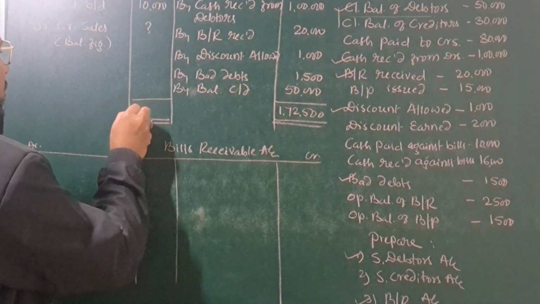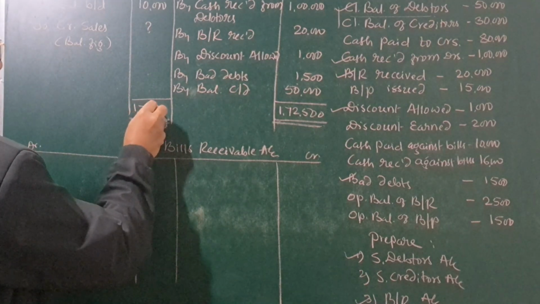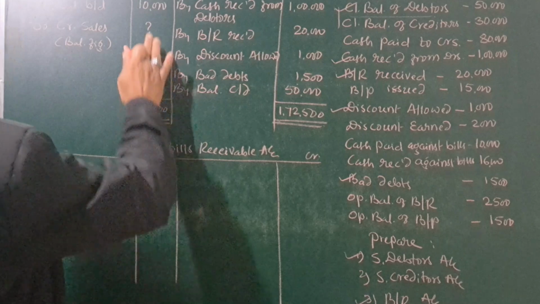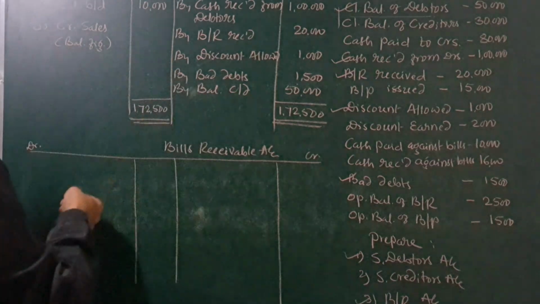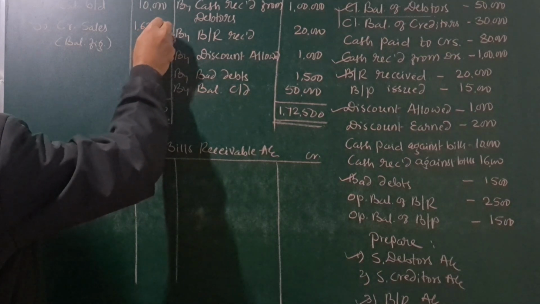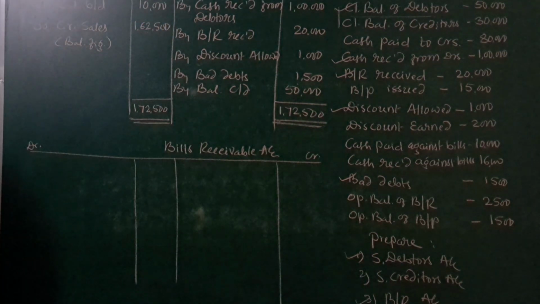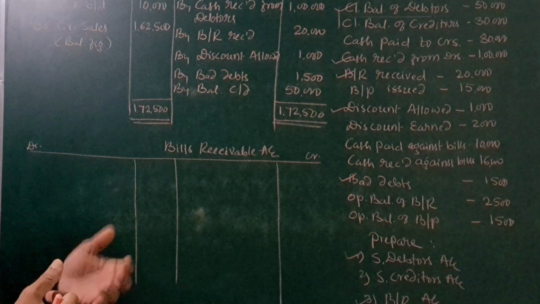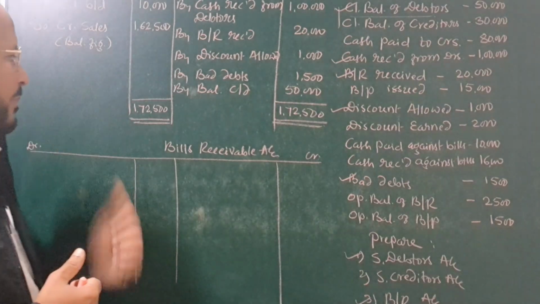Here also we write 1,72,500, and whatever the balancing figure comes, that represents credit sales. How much does it come? 1,62,500. This is the credit sales.